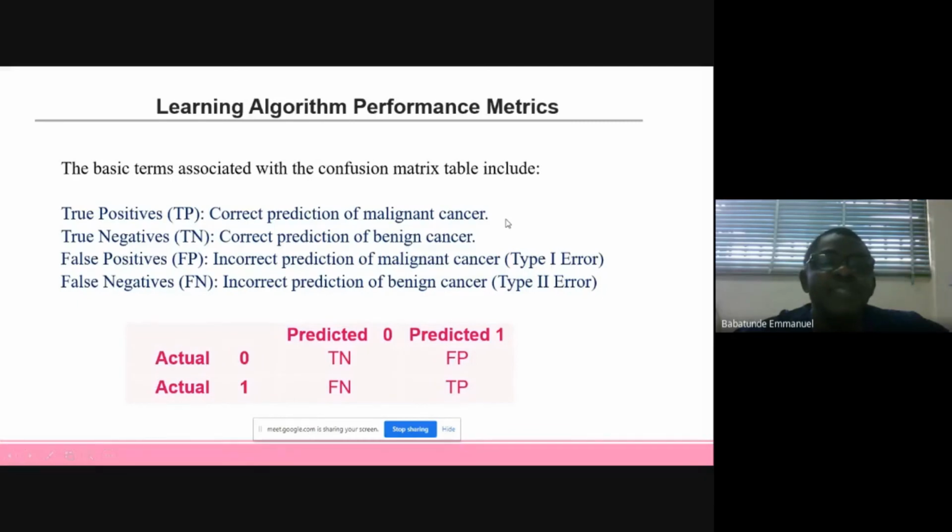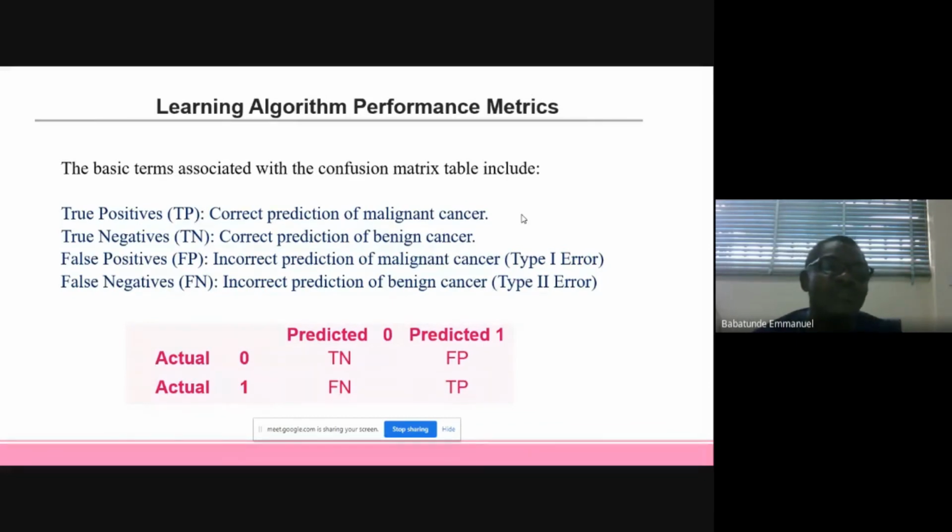Now, the basic terms associated with the confusion matrix table include the following. We need to count how many true positives, that is correct predictions of malignant cancer, we have obtained in our prediction. We count true negatives, the correct predictions of benign cancer. We count false positives, which are incorrect predictions of malignant cancer, known as type 1 error.